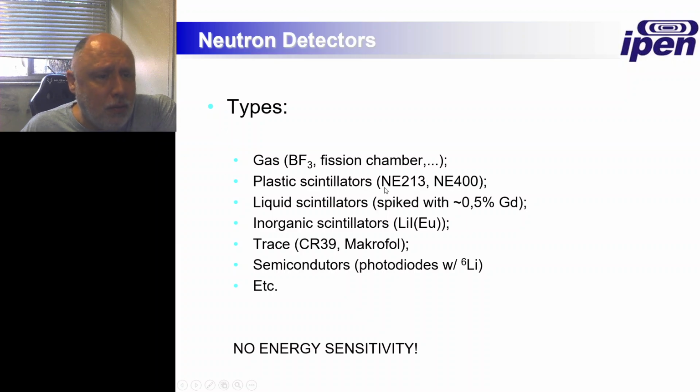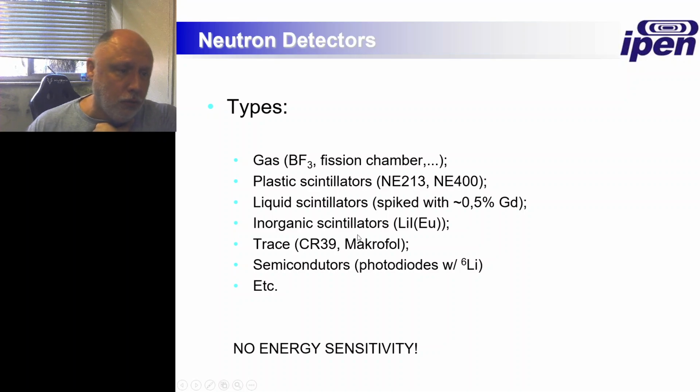There can be plastic scintillators. Either they have some material there that has cross-section for neutrons, or you just use them for fast neutrons, because then you have the recoil proton. You can use liquid scintillators with a bit of gadolinium.